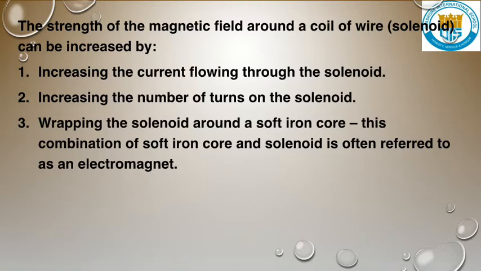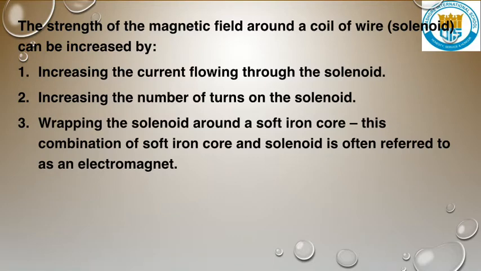And the last thing you could do is to wrap that solenoid around a soft iron core. A soft iron core is like an iron material, a rod that is made of soft iron. If you wrap a wire around that iron core, and you connect that wire to a power source, current will flow through that solenoid. As the current flows through that solenoid, the rod that is in contact with the wire will also get magnetized.